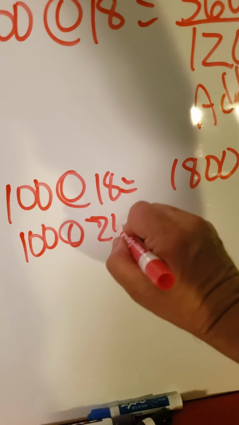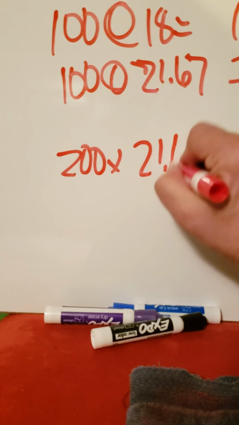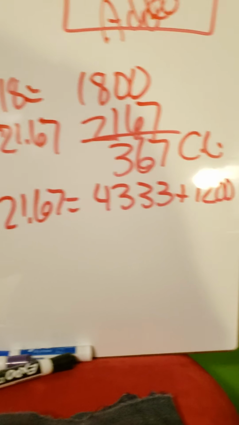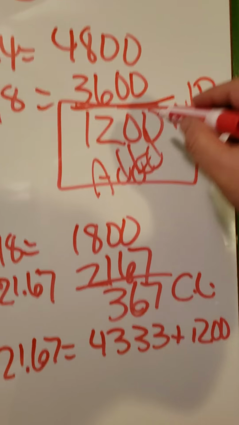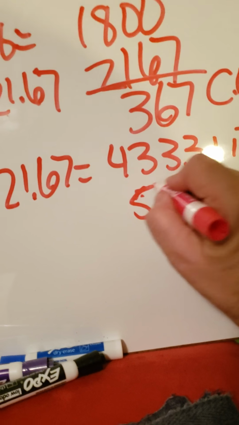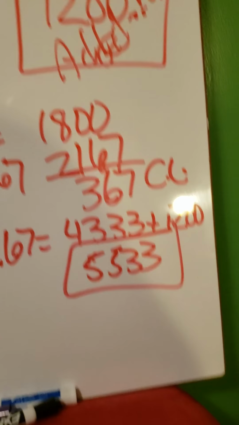So I take 200 times my 21.67, which gives me $4,333, plus this $1,200 from this wash sale loss that gets added to basis, to give me a total of $5,533 basis now in the 200 shares that I have left.